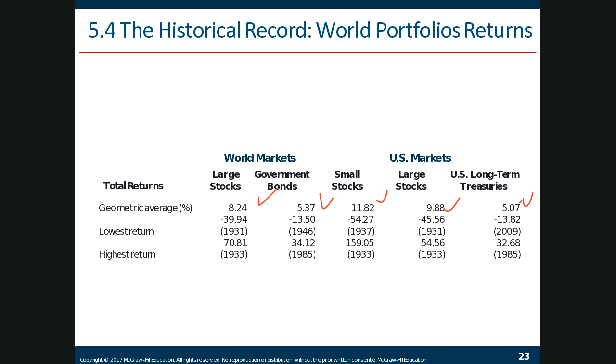The lowest return can be negative 39, negative 13, negative 54, and the highest return can also be very different. Although these returns are not the same, the Sharpe ratio is around the same area. You see the point?